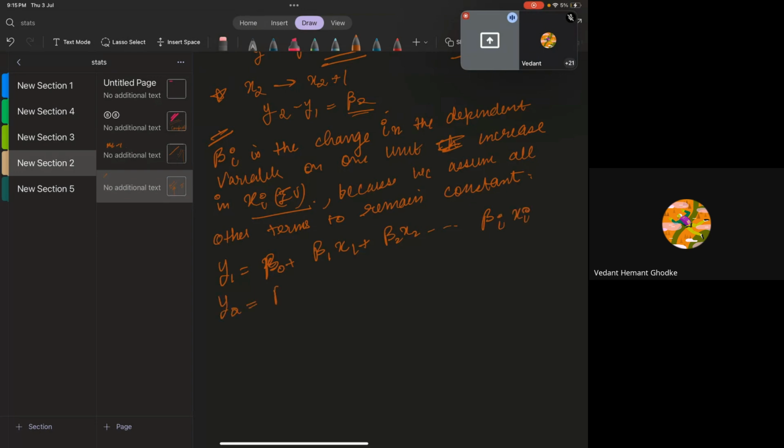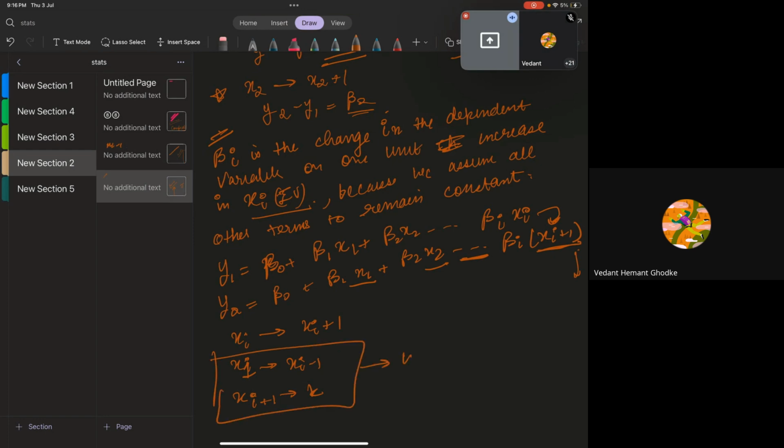If I say y2 equals beta naught, beta 1 x1, beta 2 x2, and beta i times xi plus 1, then we assume that on an increase of 1 here, there is no change in x1, x2, and no change in all the terms before i and after i. When xi becomes xi plus 1, all the other variables from 1 till xi minus 1 and from xi plus 1 till k remain the same, is my assumption.